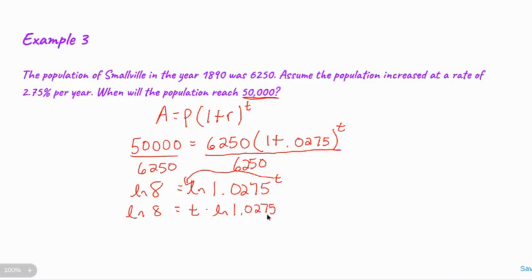And let's not forget, now that we've got it in this form, natural log of 1.0275 is a number. It's a weird number. We just think to ourselves, if we had 2t equals 8, how would we solve this equation? We would divide by 2. It's no different here. It's funny looking, but it's a division process nonetheless. We divide by natural log of 1.0275 on both sides.